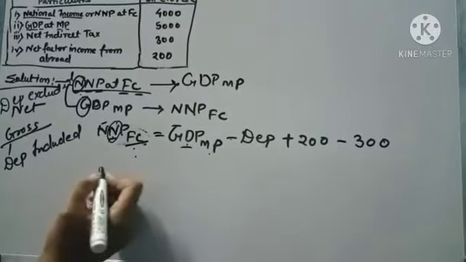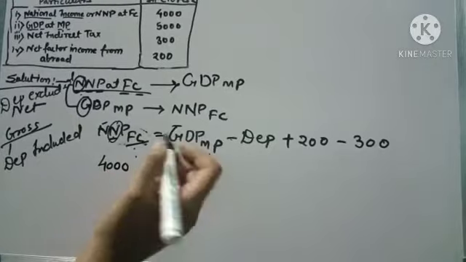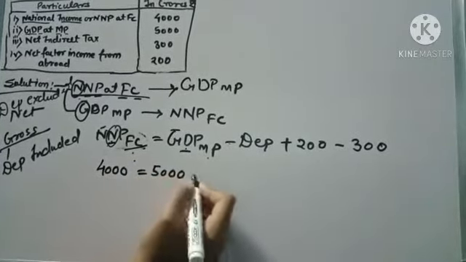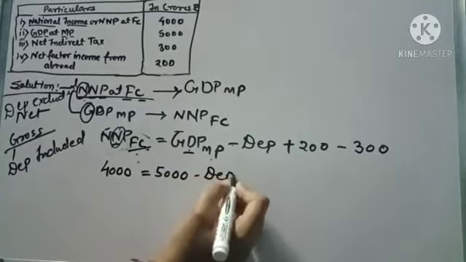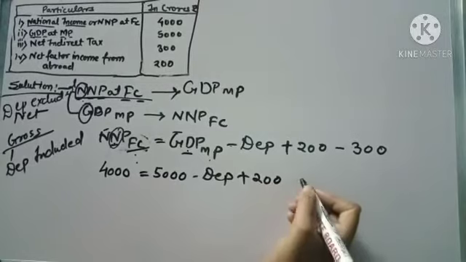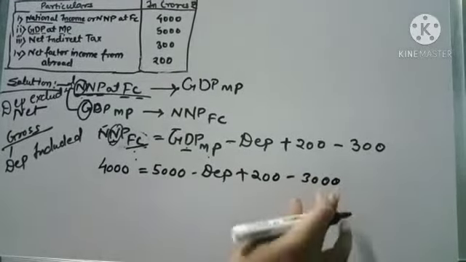Okay, now we already know our NNP FC is 4,000, and our GDP MP is 5,000 minus depreciation plus 200 of NFIA minus 300 of NIT.